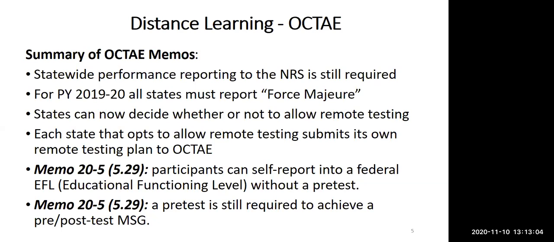Another big thing from last year is it had that force majeure, which means unable to perform or unable to test. To be clear, that was a big deal in 2019, 2020. It matters like not at all for 2020, 2021. I know a lot of people are kind of hoping that we have another force majeure this year.